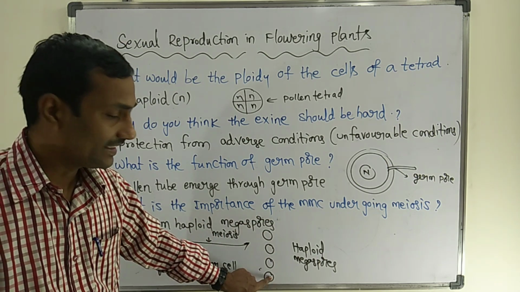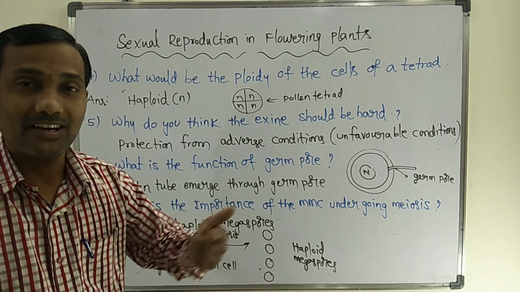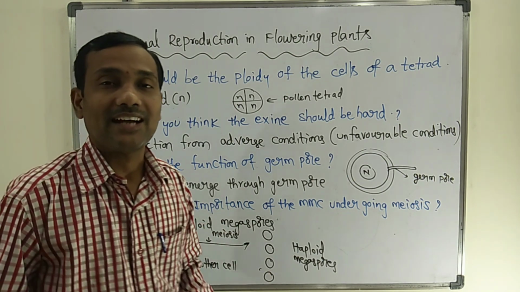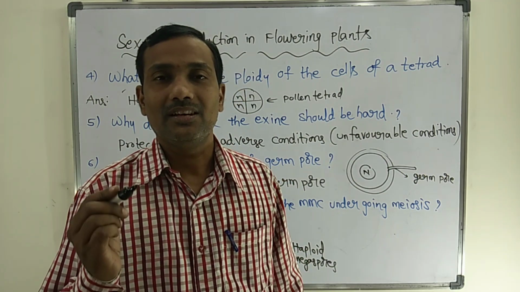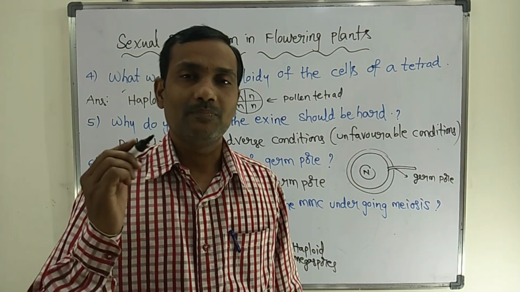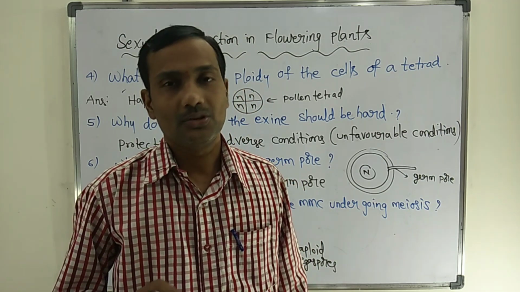Usually one single megaspore, which is haploid, develops into the embryo sac or female gametophyte. That embryo sac consists of the egg cell, synergids, antipodals, and the central cell, which consists of 2 polar nuclei.